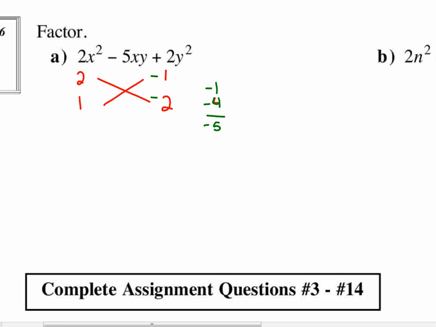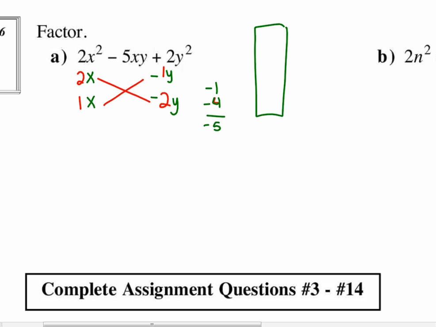Yeah. So now we need to put our variables in. So here, if I wanted to make a product of x squared, it's actually 2x and 1x. Okay. And then over here, I want to make the product positive 2y squared. y and y. 1y and -1y and -2y. Okay.